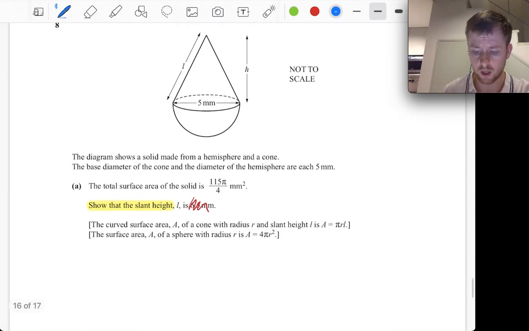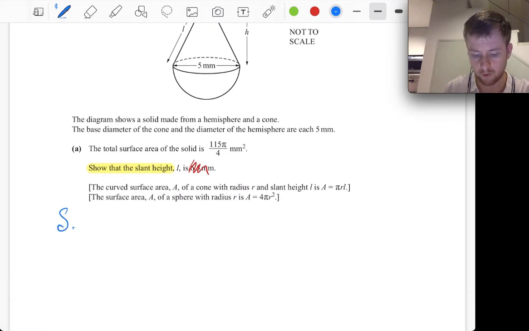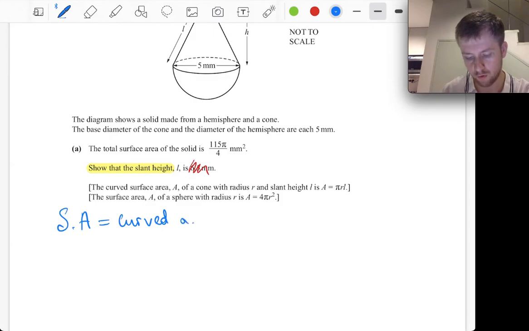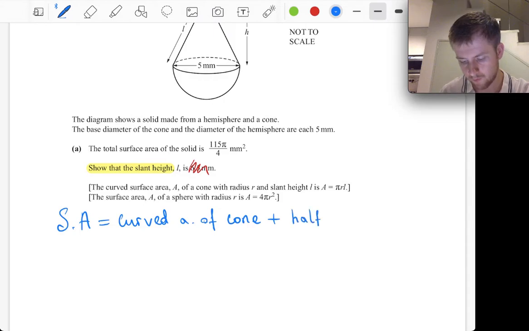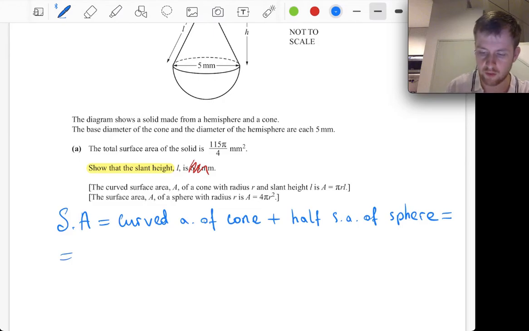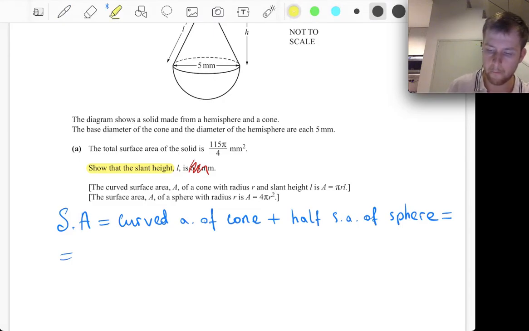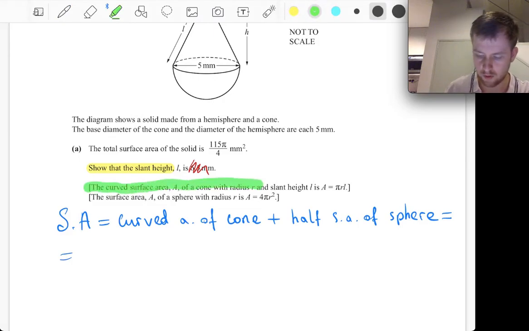Well, remember we have the formulas. In this case, the total surface area consists of two parts. Right? So first part is the curved area of cone, and the second part is half of surface area of sphere. Right, so to write it, you see you are given the formula here already. So we have the formulas.